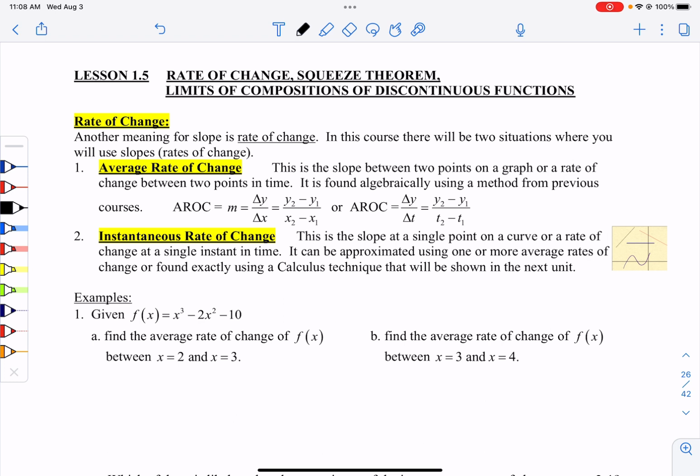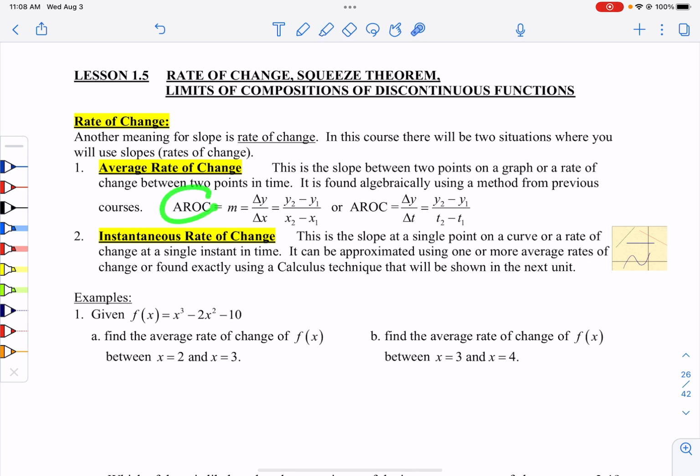First one, average rate of change. This is what you've been doing in 9th grade and 10th grade and 11th grade. The average rate of change is the slope between 2 points on a graph, or the rate of change between 2 points in time. Now, you found this in previous classes using the slope formula.